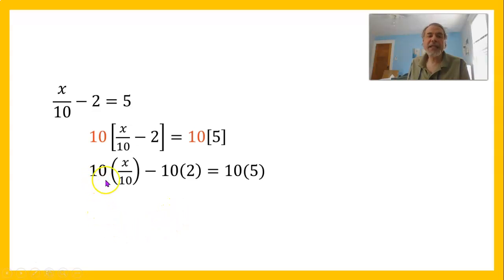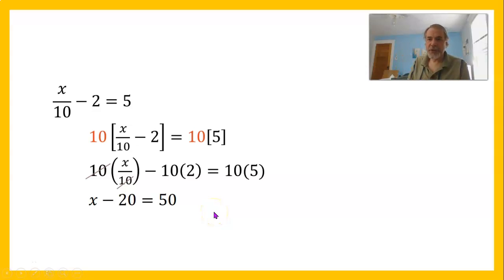But here, 10 times x over 10, the 10 over 10 cancels out, and all that's left there is an x. 10 divided by 10 is just 1, and then 1 times x is just x. So what we have now is no more fractions, just x minus 10 times 2, which is 20, equals 10 times 5, which is 50.